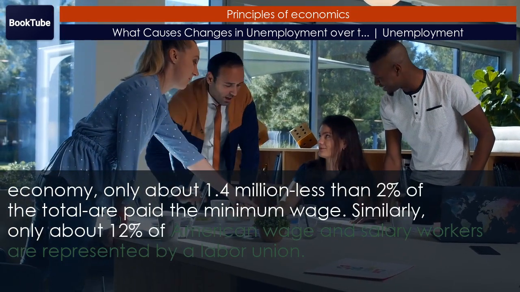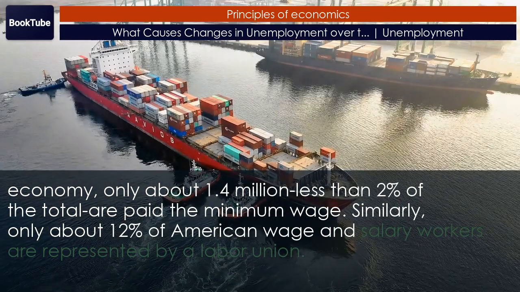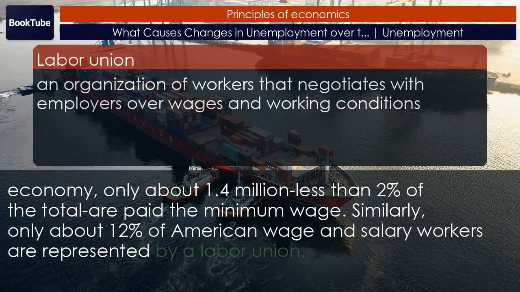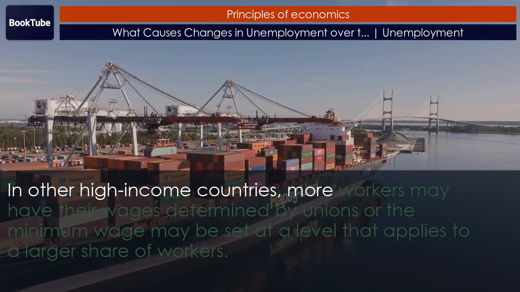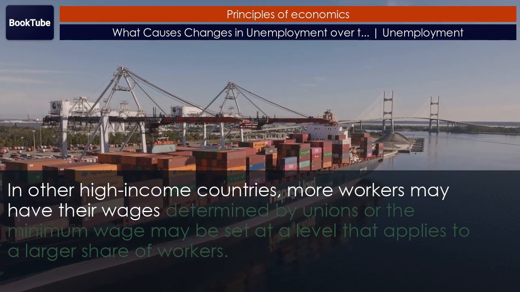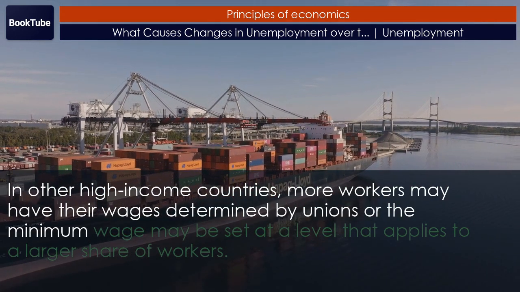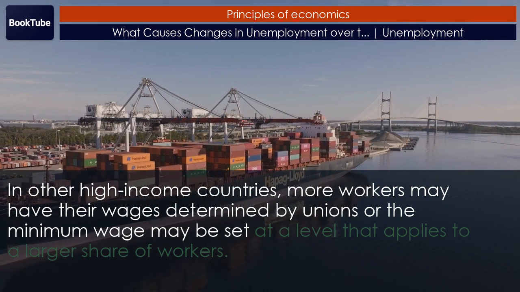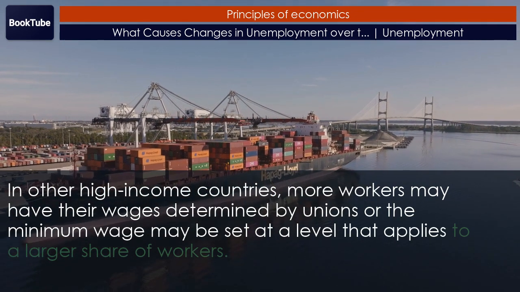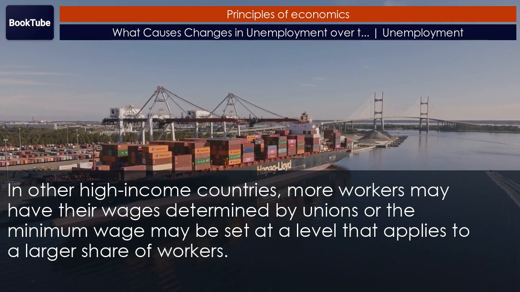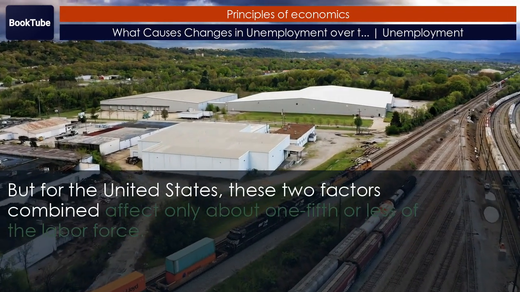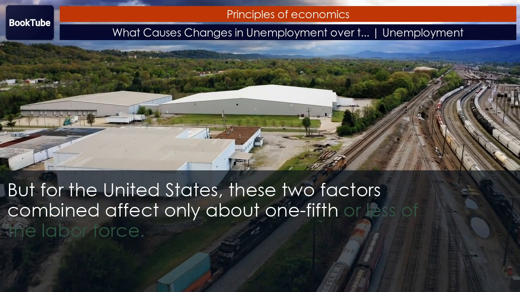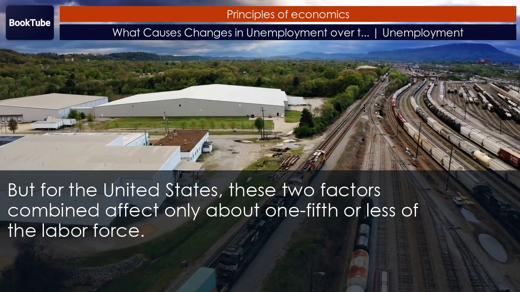Similarly, only about 12% of American wage and salary workers are represented by a labor union. In other high-income countries, more workers may have their wages determined by unions, or the minimum wage may be set at a level that applies to a larger share of workers. But for the United States, these two factors combined affect only about 1/5 or less of the labor force.